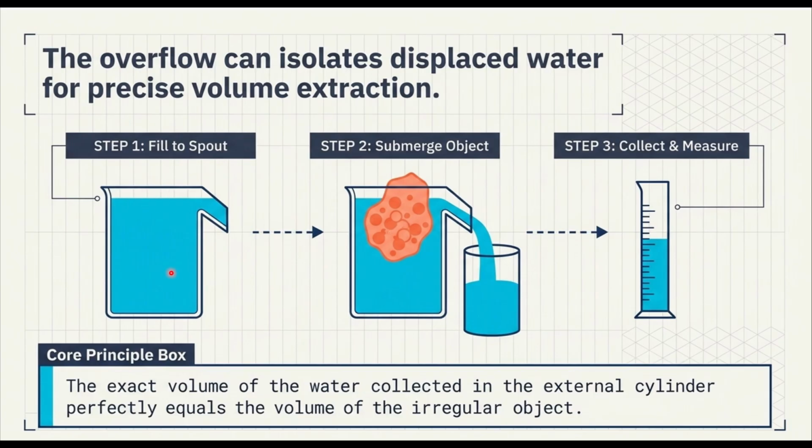Then the object is submerged like this, and the displaced water overflows into another container. Finally, this water is collected and measured. So the volume of displaced water is exactly equal to the volume of the submerged object. So this method provides accurate measurement for larger irregular objects. Clear?